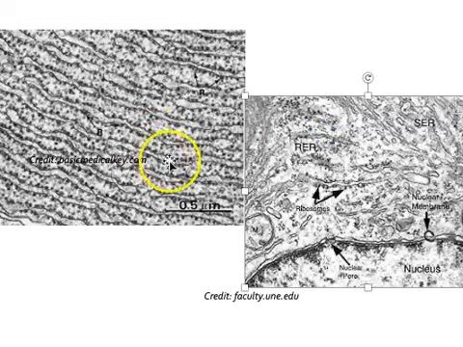And you can also see why someone looked at this under a microscope and described it as being rough. Each one of these flattened sacs of membrane, these little pancakes of membrane, is just covered with these little black dots. Those are the ribosomes. So all of this is rough ER.